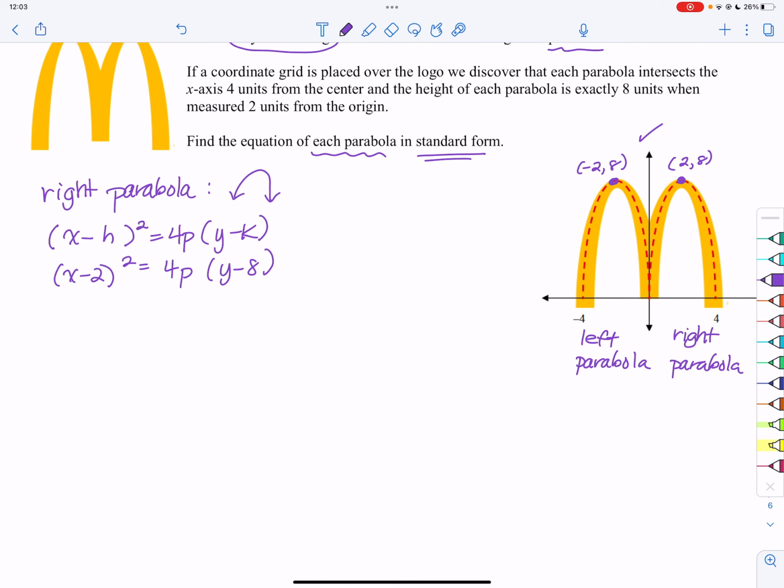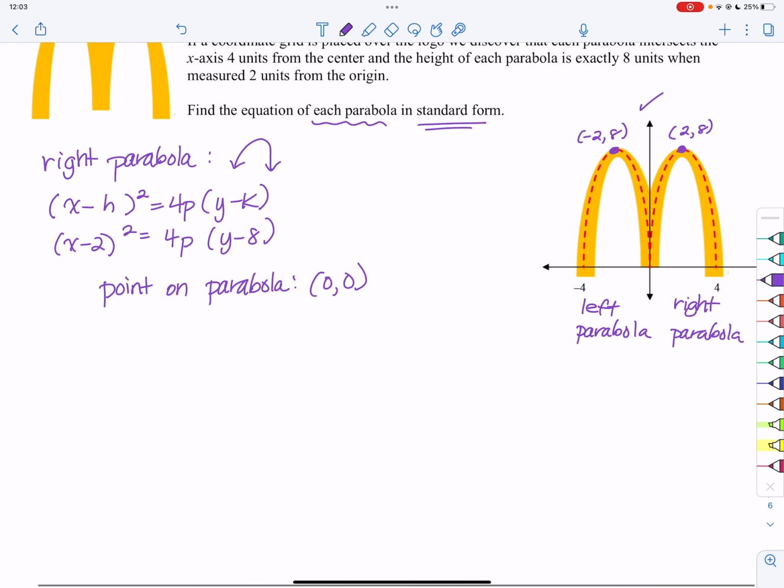Looking at the point that we are sure of, (0, 0), plugging in we have (0 minus 2) squared equals 4p times (0 minus 8).